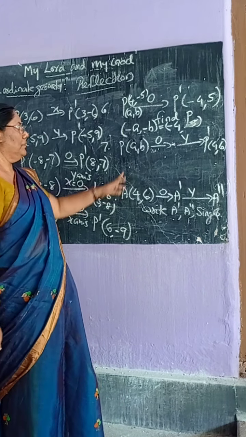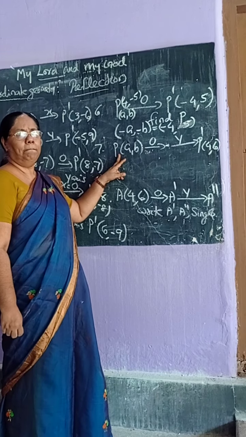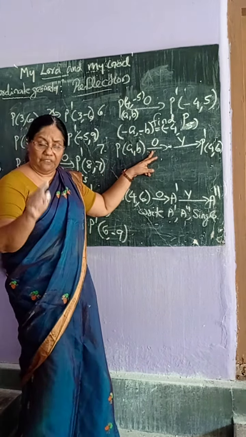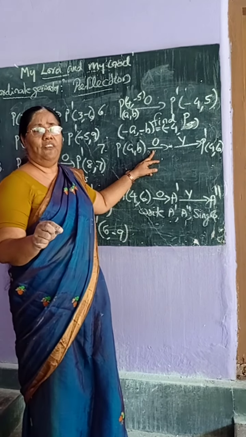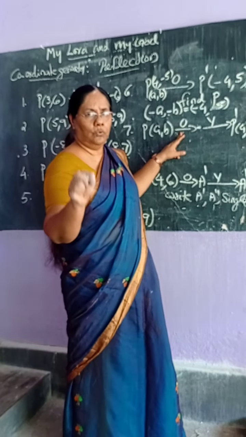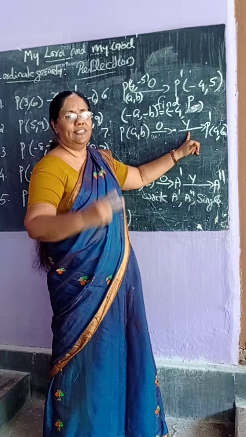Then, write this question. 7th question. P(A, B) is first reflected through the origin. Then reflected through the y-axis. Two reflections are there.